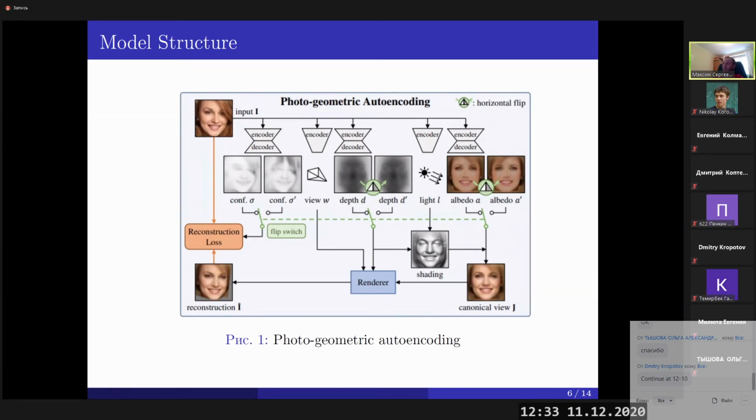And from this pair, we can recover depth, albedo, light, and viewpoint. So flipping around the axis of symmetry, we get a fake capture from a different angle. This is the main idea of this paper.